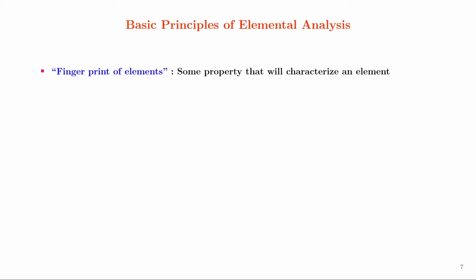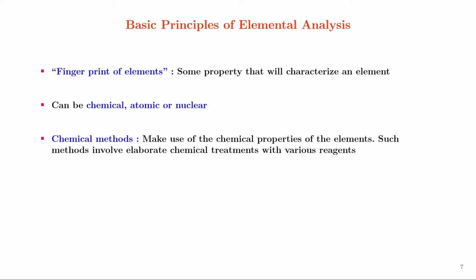For example, if the characteristic property is a photon emitted from the sample, the energy of the photon will identify the element, and the number of photons emitted per second, which is directly proportional to the intensity, will yield the quantitative information. The characteristic property that we have been mentioning can be chemical, atomic, or nuclear. Chemical methods make use of the chemical properties of the elements.